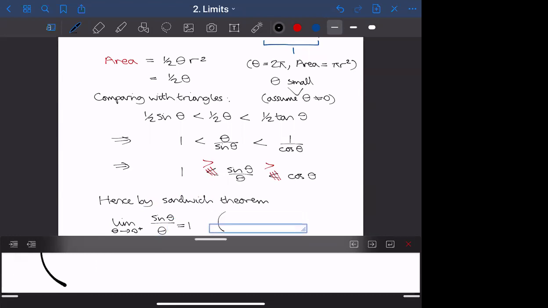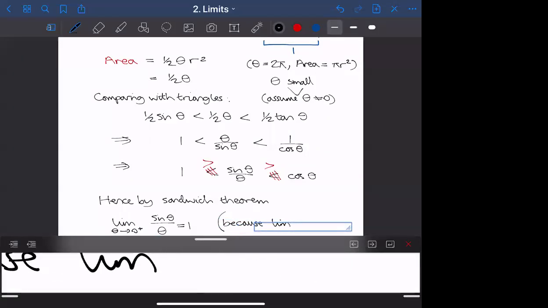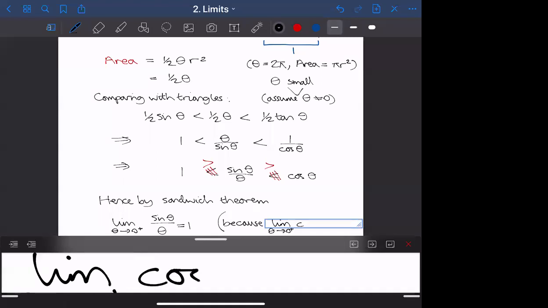And that's using, because as we know, the limit as theta comes to 0 from the right of cos theta is 1.